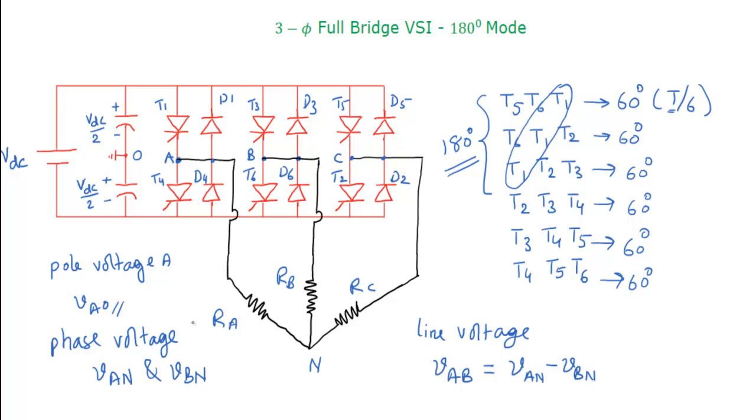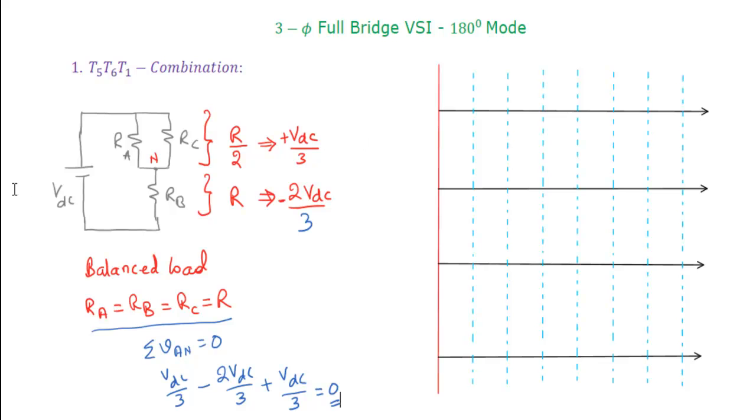That's why we discuss two phase voltages; otherwise one phase voltage is sufficient. So we are going to discuss three different waveforms here: first, as I told you, the pole voltage VAO, second, the phase voltage VAN, and the final voltage we want, the line AB voltage.